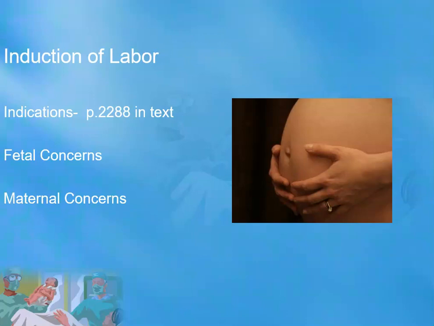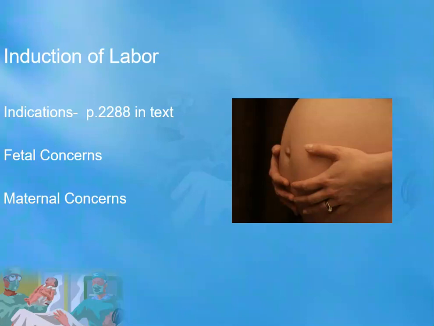Just know this, I know OBs follow this rule. It is a rule for them to adhere to. You cannot induce a mom earlier than 39 weeks without a medical indication. That means she has to have a reason if you're going to do it prior to 39 weeks.